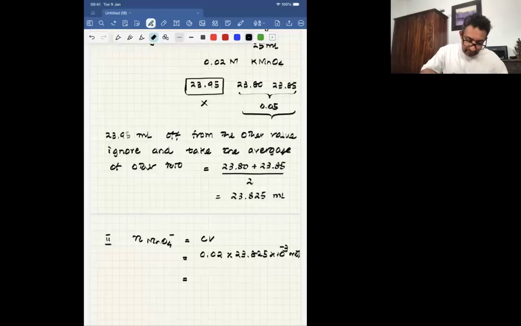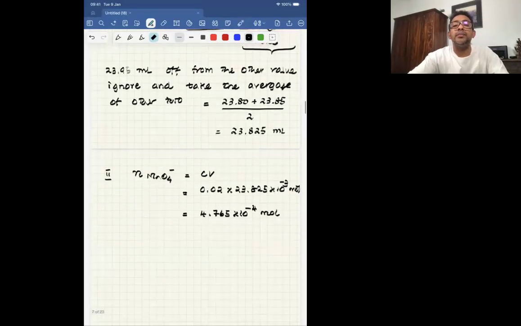So what is the value? 0.02 times 23.825 times 10 to the power minus 3. What is the answer? 4.765 times 10 to the power minus 4 moles. Did you understand that part?